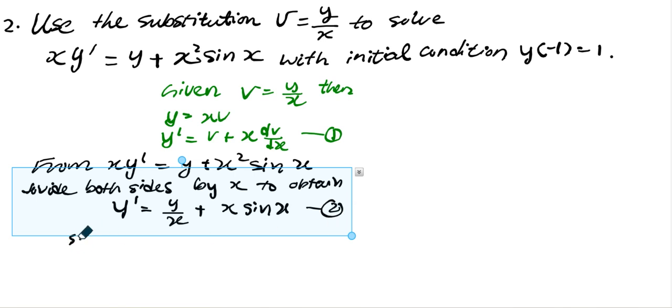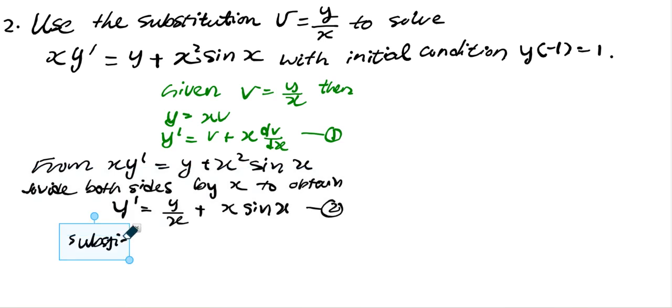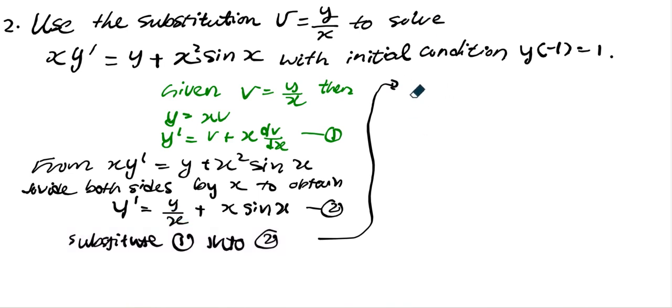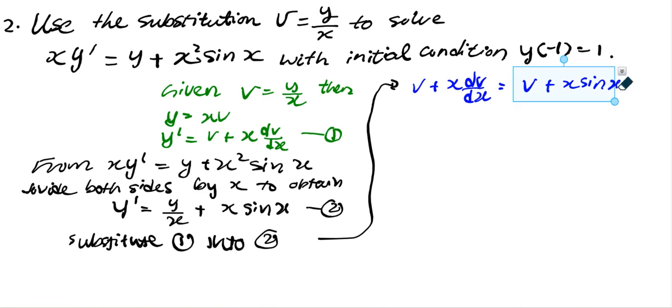So we substitute 1 into 2, right, to get this. That is v plus x dv dx is equal to y over x, which is v, plus x sine x.